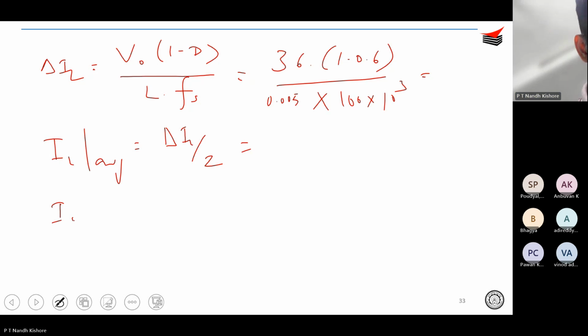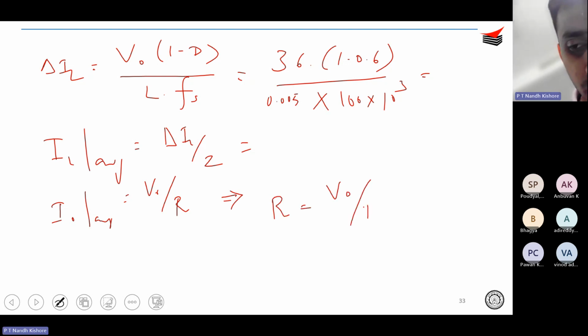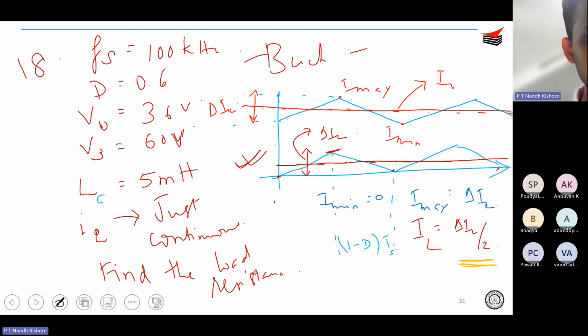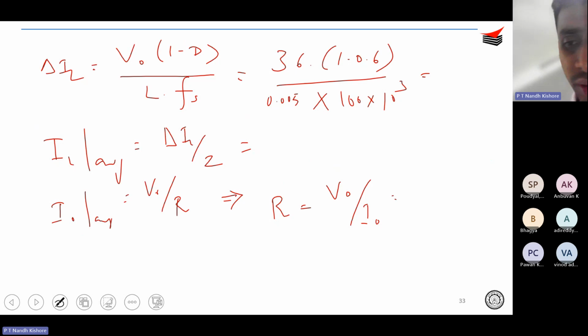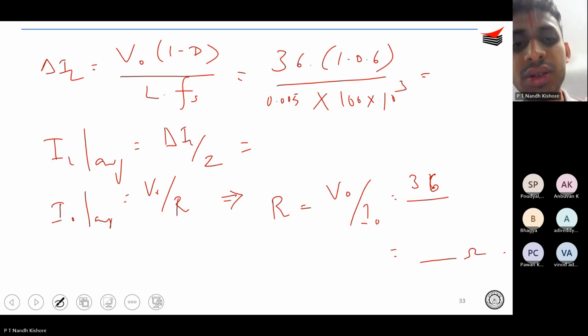Therefore, I naught average is equal to V naught over R. Therefore, R is V naught by I naught, right? V naught is given as 36 volts. You can compute what is I naught, and that will give your ohms.